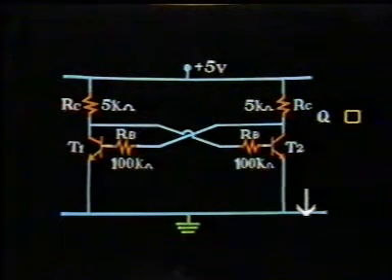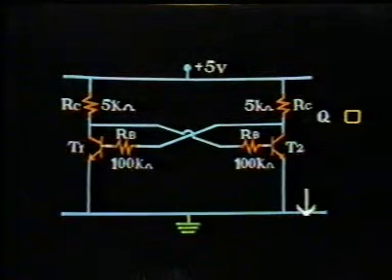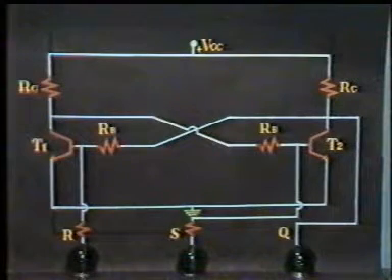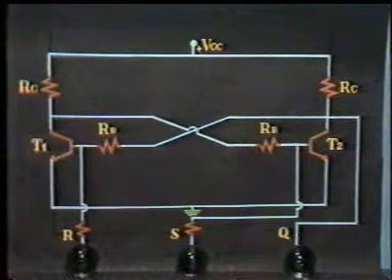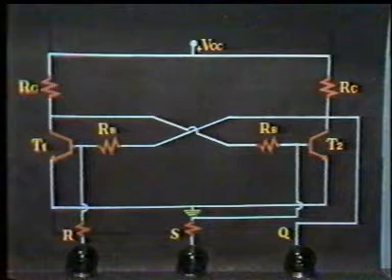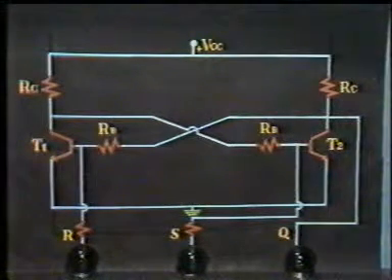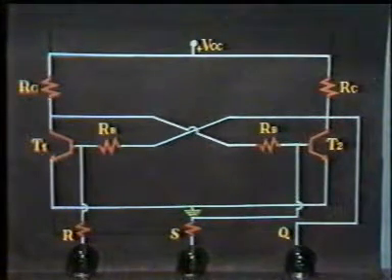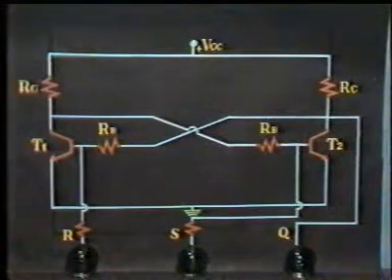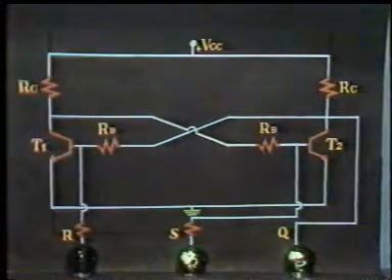In this latch circuit, we now introduce two control inputs, the R or reset input and the S or set input. A bulb glowing on any line indicates that that line is at logic level 1. A positive trigger at S input only makes Q equal to 1. This is set state.